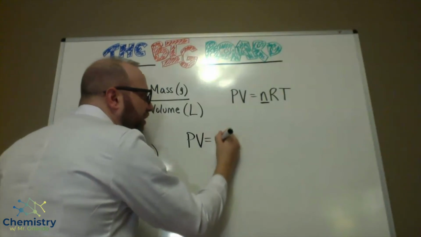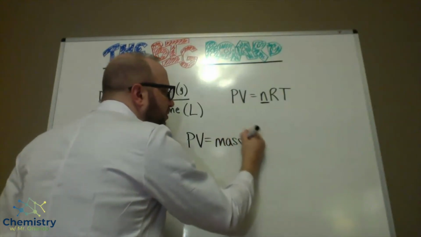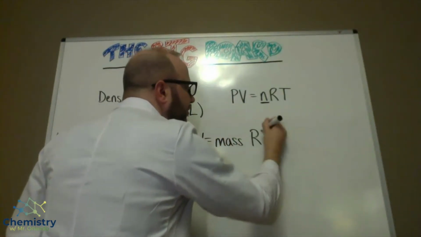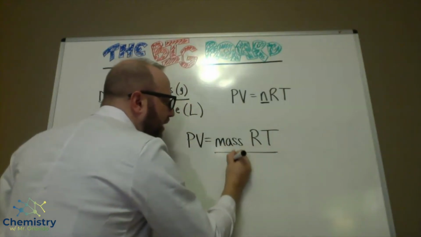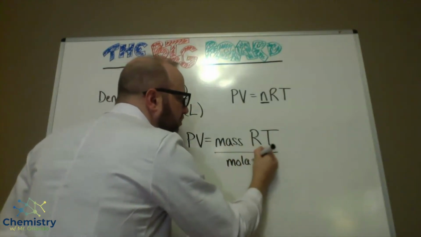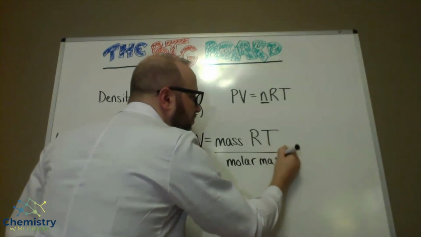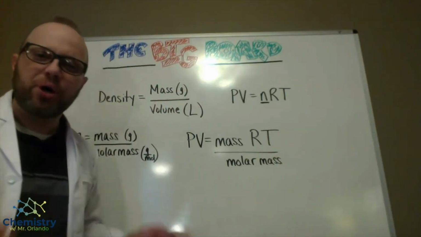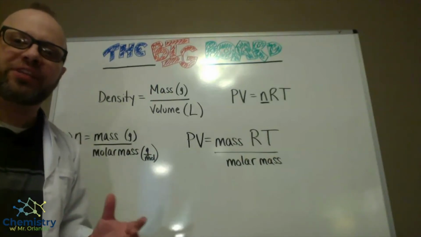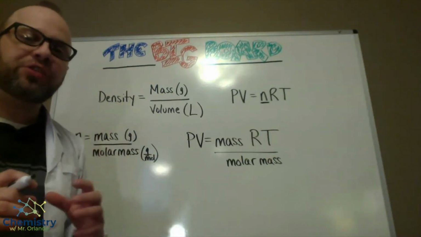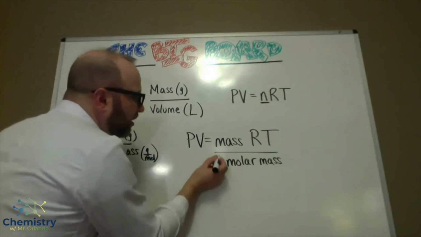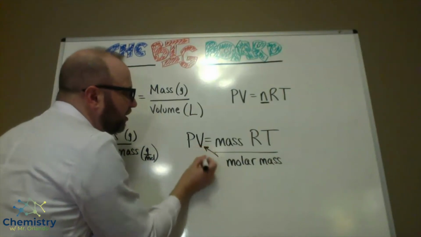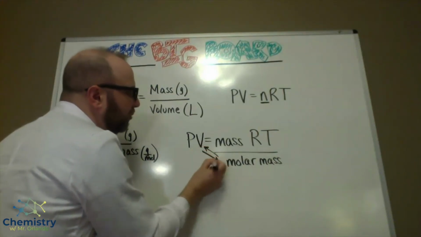PV equals mass RT divided by molar mass. Well, that helps because now we have both components that we need for density. So I'm going to rearrange the equation by moving molar mass up here and volume down here.